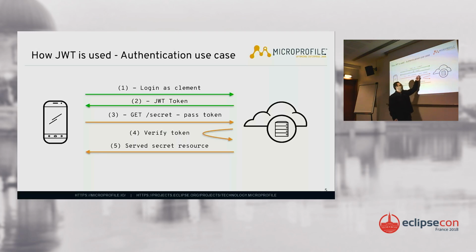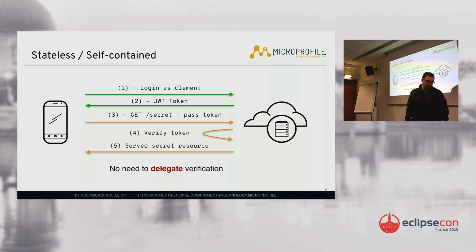So you access here, and here your service is able to verify that this request has been emitted by Clément. And that's the key thing, this verification does not need anything else. If it's agreed and if everything is fine, it can serve the request. Everything that is inside this token allows the microservice to check that the token is valid.